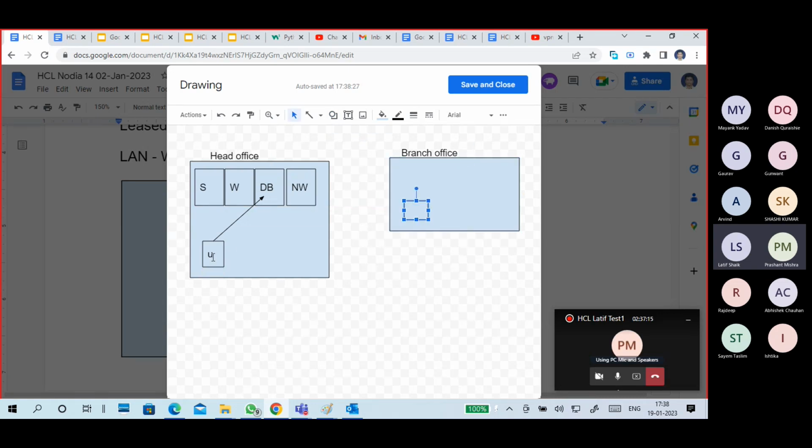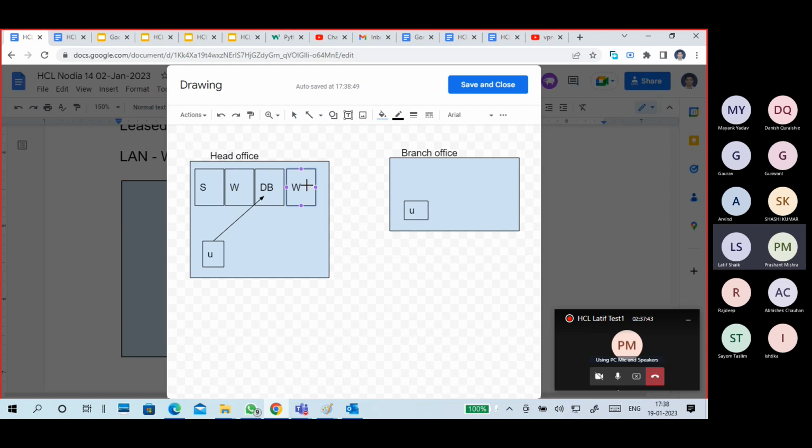This user wants to access this database server, web server, application server or mail server.